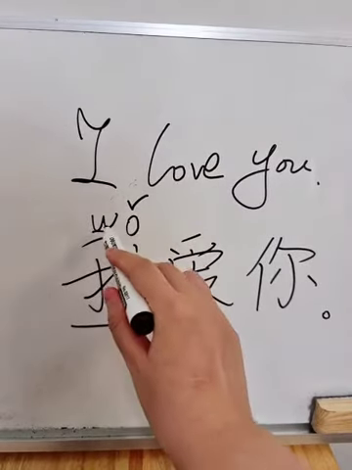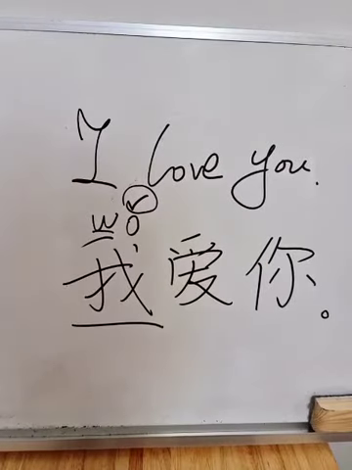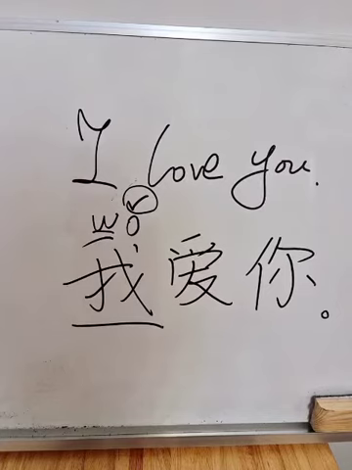So put together, wo, and we also have some tones. In Thai language, ภาษาไทย has 5 tones, right? In Chinese, we have 4 tones. So later we will learn all of them, the tones.